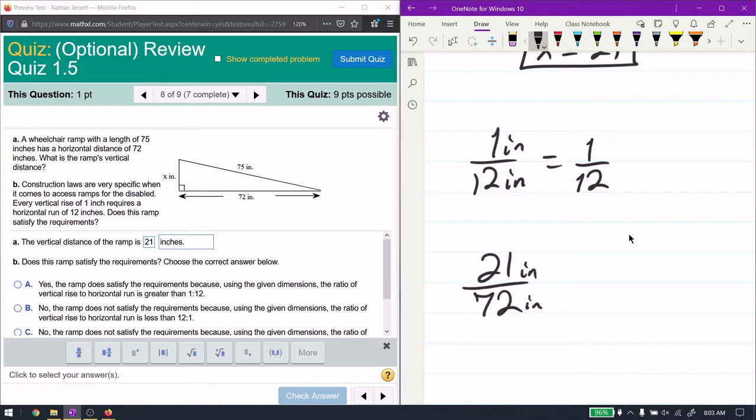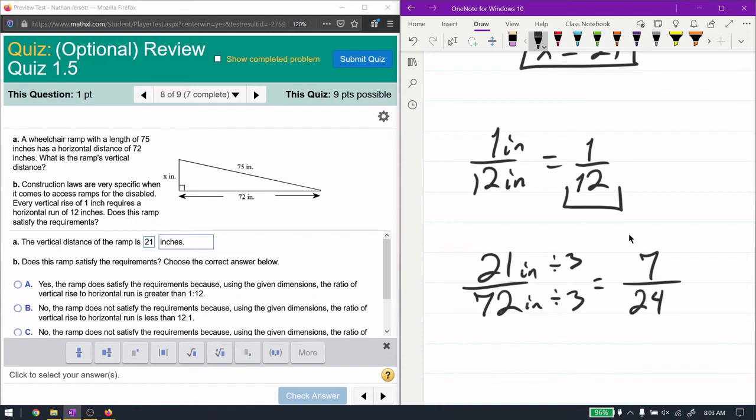Simplify this fraction down and see if it is no greater than the 1 over 12 slope, because it cannot be any greater than that. Okay, I can divide out 3 from top and bottom, I'm pretty sure. 8 times 3, so 24.